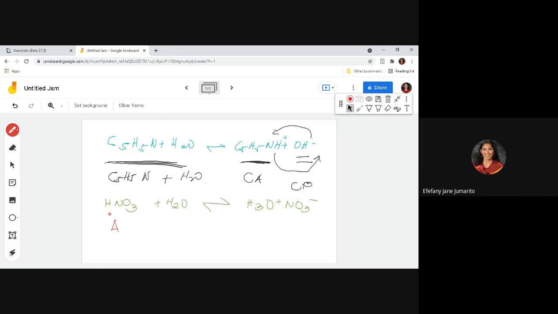Now, if that is a strong acid, then we can have this one. Okay, so what will be the base? H2O, ma'am.